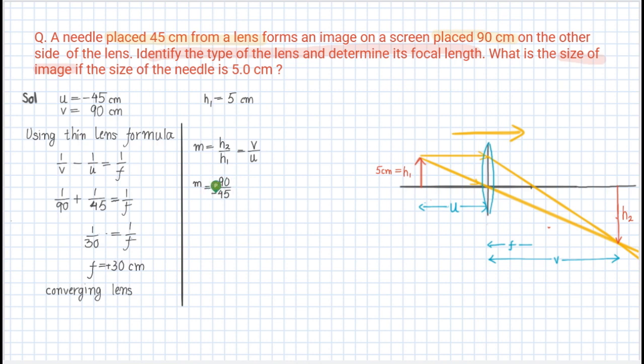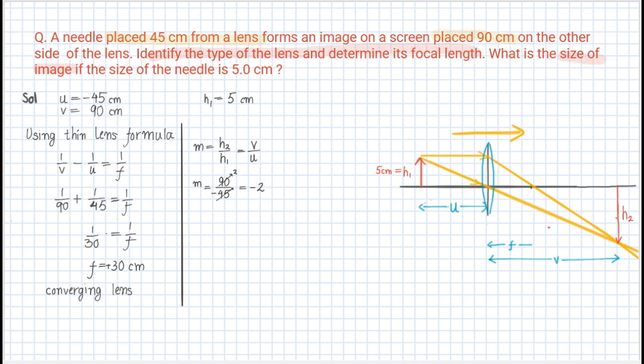Now I can cancel these terms, 45 times 2 equals 90. The negative sign goes to the numerator, so I'll have minus 2.